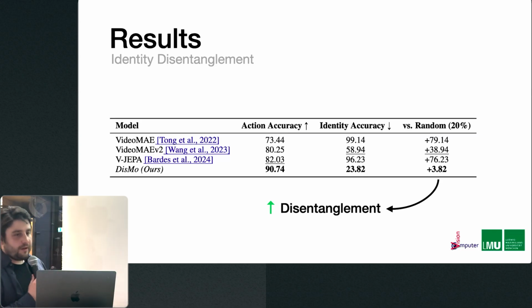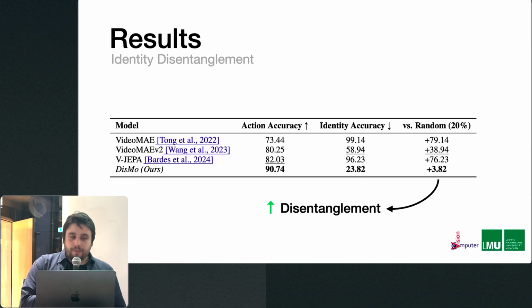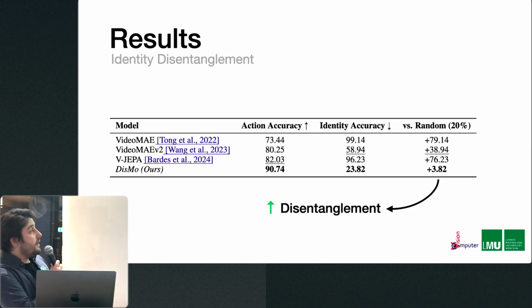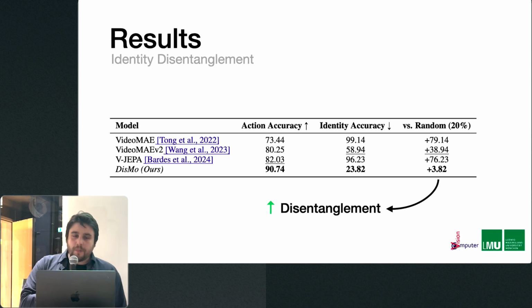And for that, we implemented an experiment where we had a dataset called IARD, which has, I think, 5 different actors performing 5 different actions. And then we compared our motion embedding space against other video representation learning methods, specifically VJEPA and VideoMAE, in a retrieval setting.